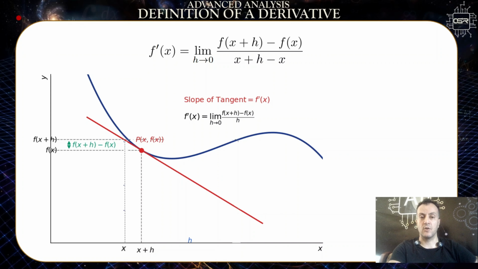It is the slope of the tangent against the curve, or tan theta, where theta is the angle formed by the tangent against the curve and the horizon, or the line parallel to the x-axis.